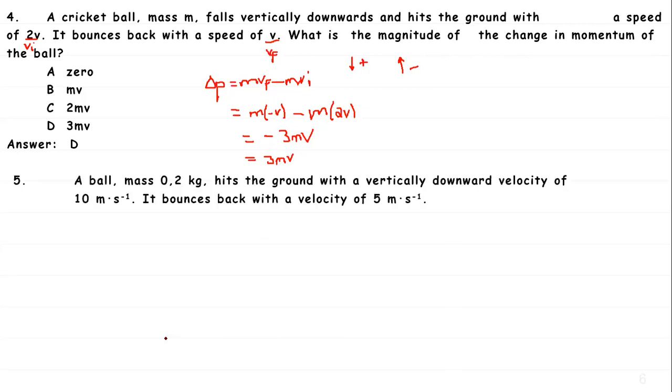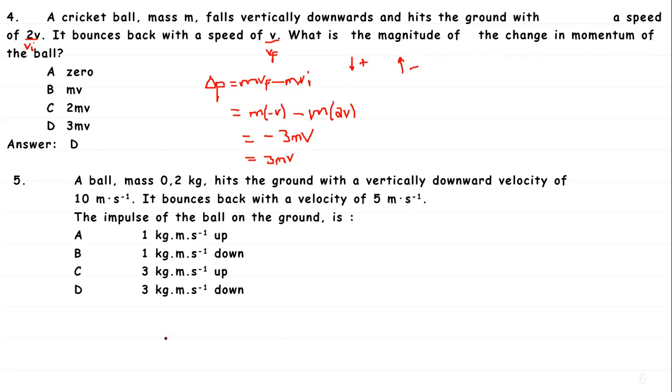Then we move to the next question. They tell us a ball of mass 0.2 kilograms hits the ground with a vertically downward velocity of 10 meters per second. It bounces back with a velocity of 5 meters per second.